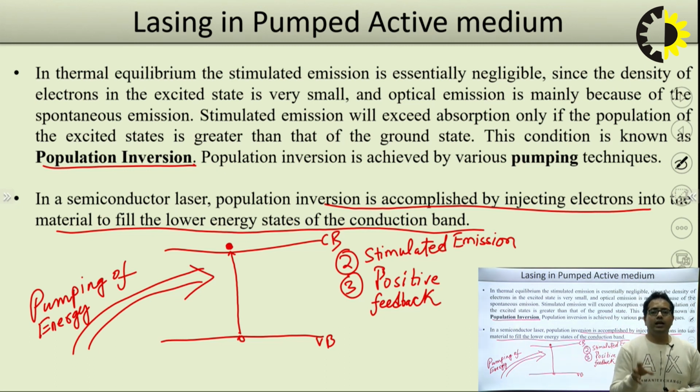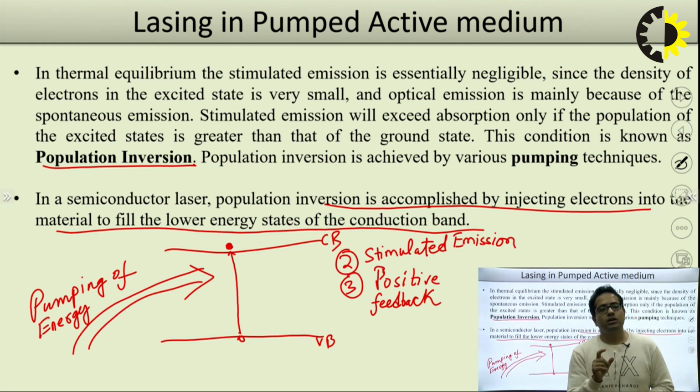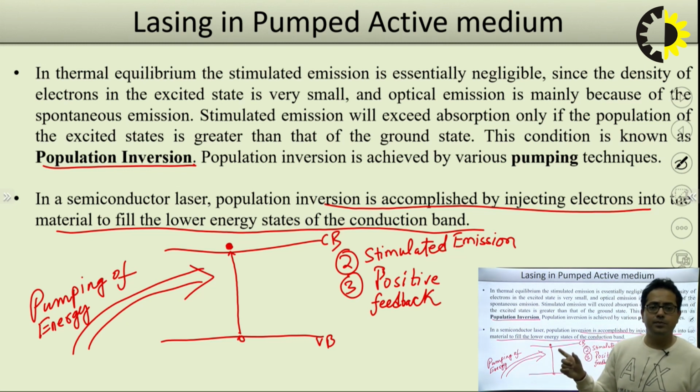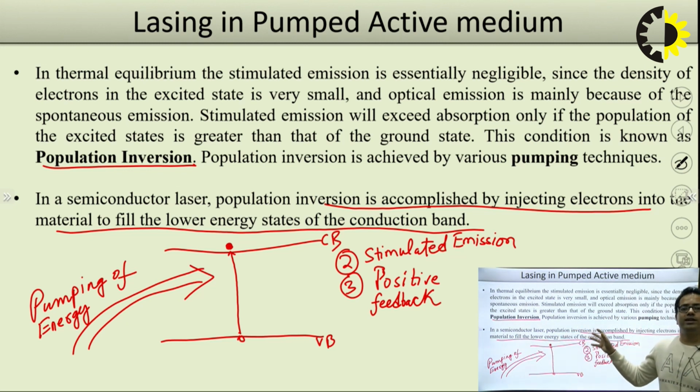So when they move and recombine with the holes, they will emit photons, and that emitted photon will be in phase with the photon responsible for its emission. So this is stimulated emission, the second process responsible for lasing action.